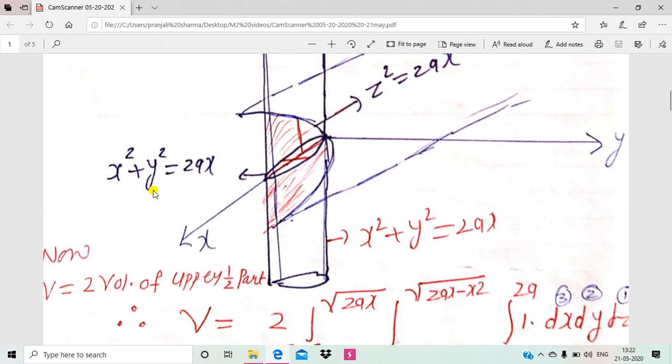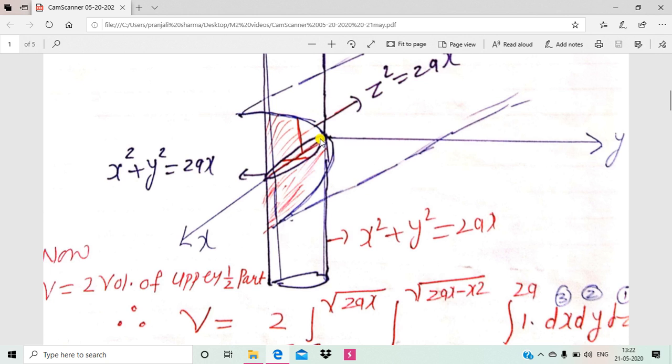Therefore, the value of y square will be 2ax minus x square, and the value of y will be plus minus root over 2ax minus x square. So the lower limit will be minus root over 2ax minus x square and the upper limit will be plus root over 2ax minus x square. So these two values will be the limits of y.